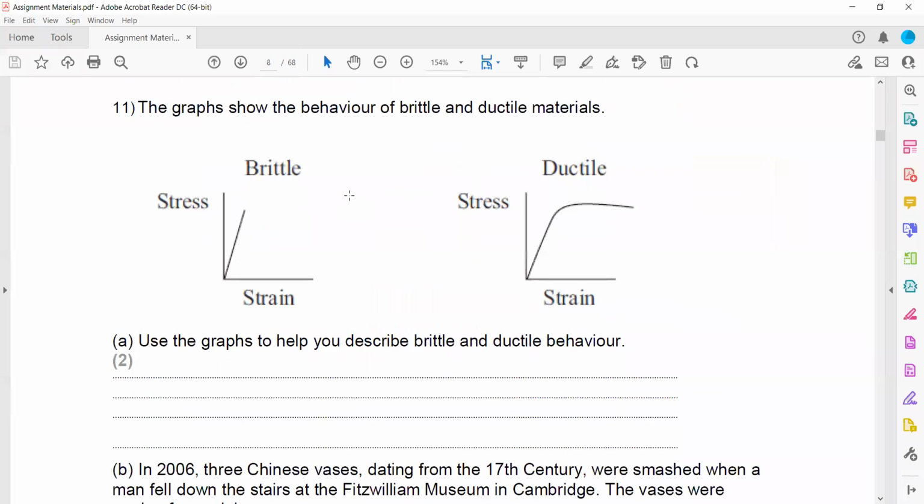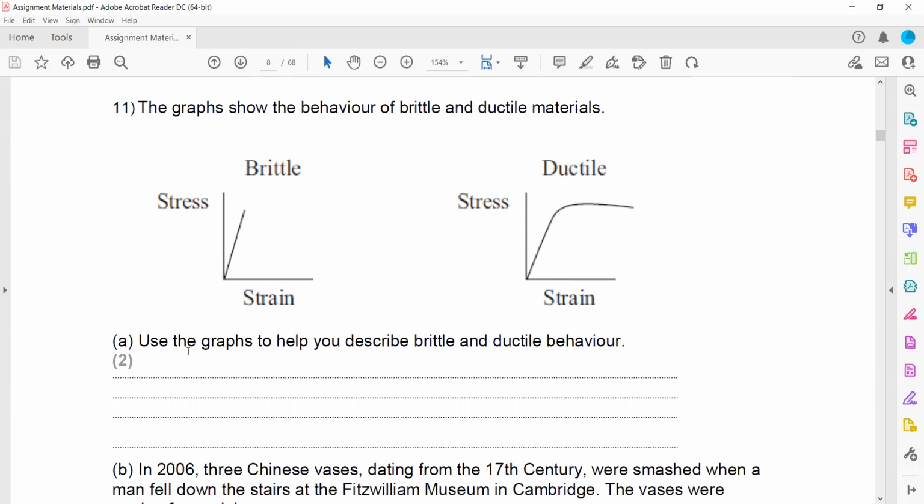Question 11. The graph shows the behavior of a brittle and a ductile material. Use the graph to help you describe brittle and ductile material. So using the graph, how can you distinguish between brittle and ductile material? You can see for a brittle material, there is no or little plastic deformation before the object breaks.